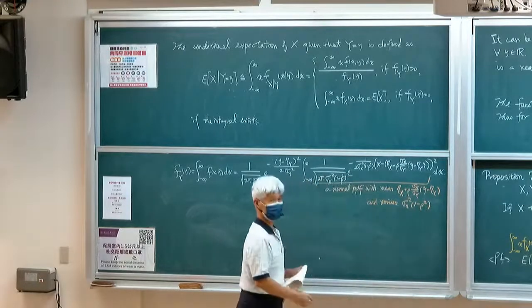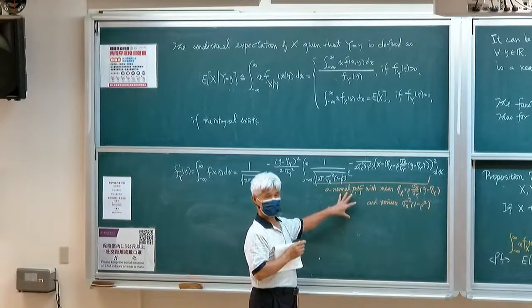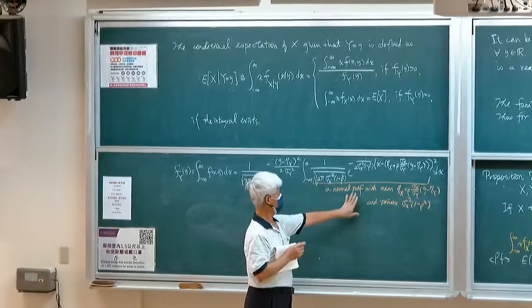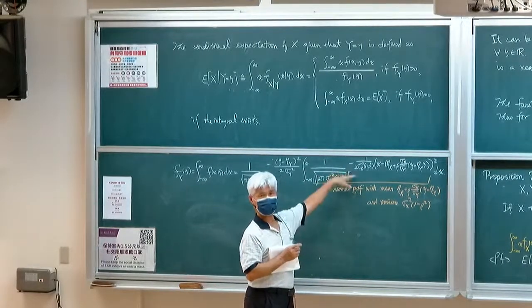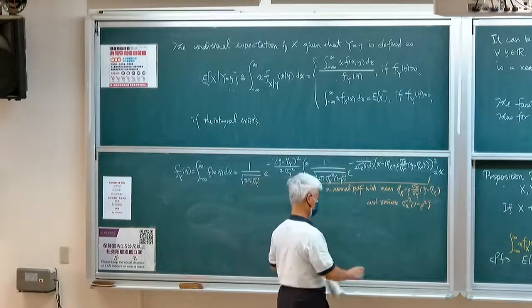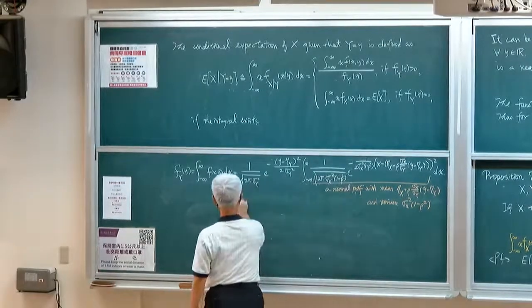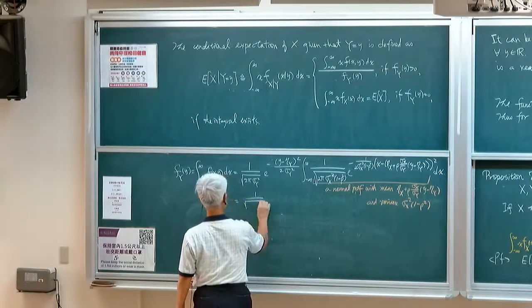So when we integrate this normal PDF over the whole real line, it is equal to 1.